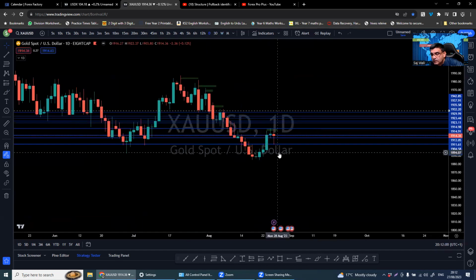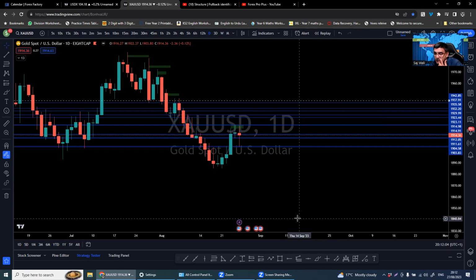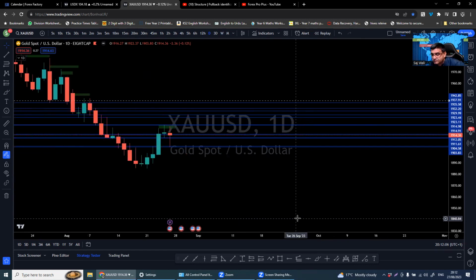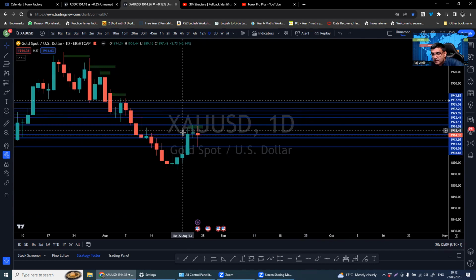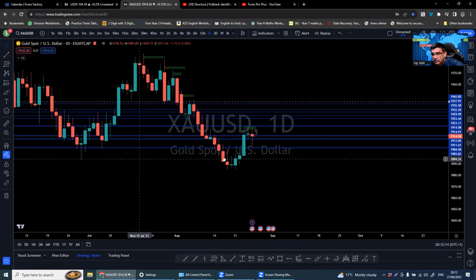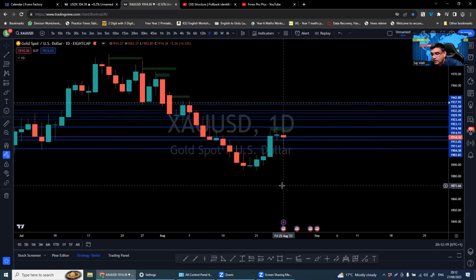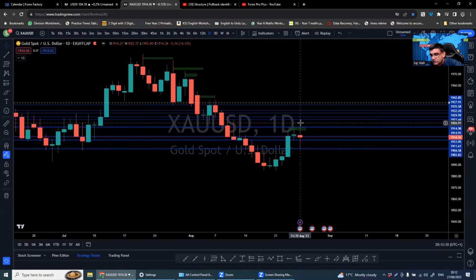And in daily, as I said in last week's analysis, this daily, in fact, I didn't say it in the last week's analysis, but I did mention it in one of the streams, I think, or one of the webinars, I can't remember. But this daily pattern, this candle showed that there might be a reversal from here. And that's what happened.